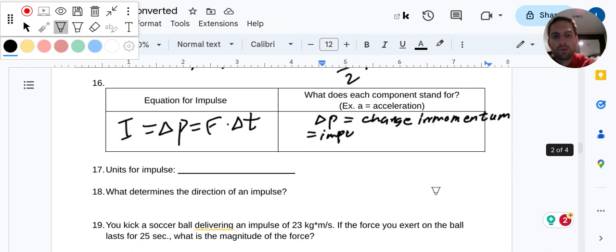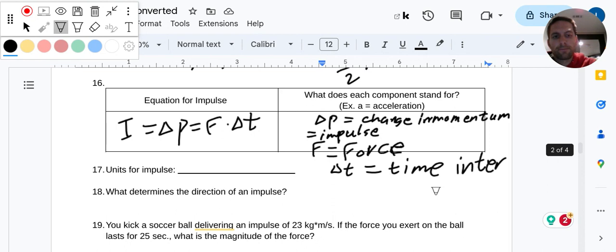It's a short way to say that. F equals force. We've talked about that before. And change in T is equal to a time interval. So the units for impulse are just the same as the units for momentum, because it's a change in momentum.